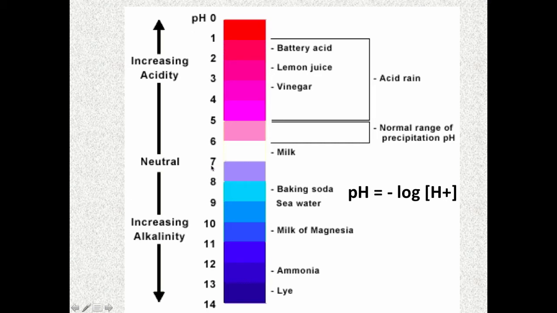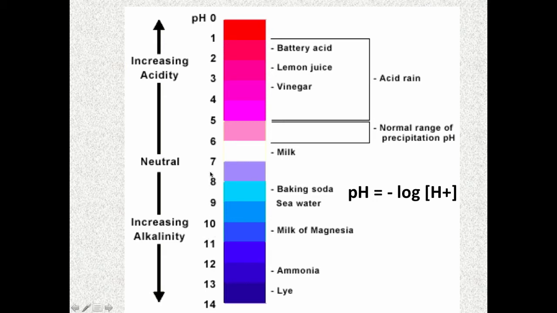And then in the opposite direction, again, 7 is neutral. So as the numbers get bigger, the pH of the solution becomes more alkaline. Okay? So the hydrogen ion concentration gets smaller, and the concentration of what we call hydroxyl ions, or OH negatives, increases.